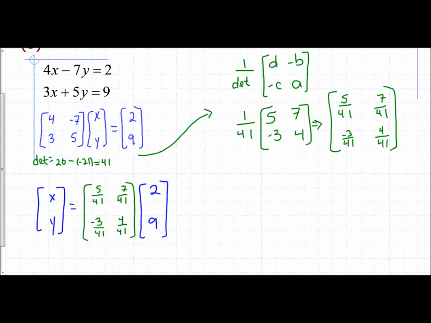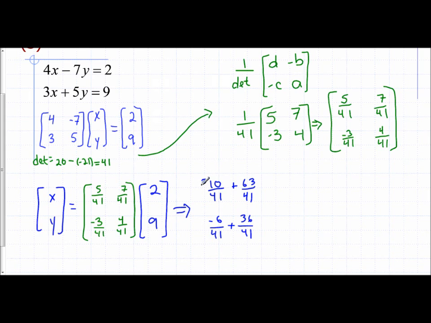Now perform the multiplying. 5 over 41 times 2: 5 times 2 is 10, so you have 10 over 41, plus 7 times 9 is 63, so plus 63 over 41. On the bottom, you have -3 times 2, which gives -6 over 41, plus 4 times 9, which is 36 over 41.